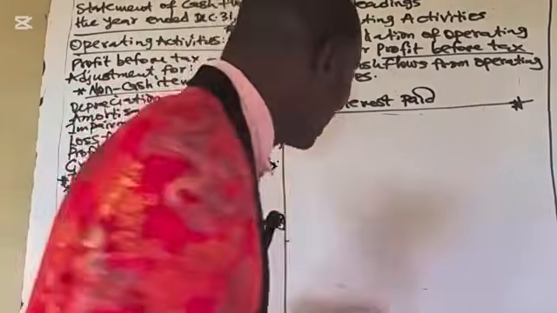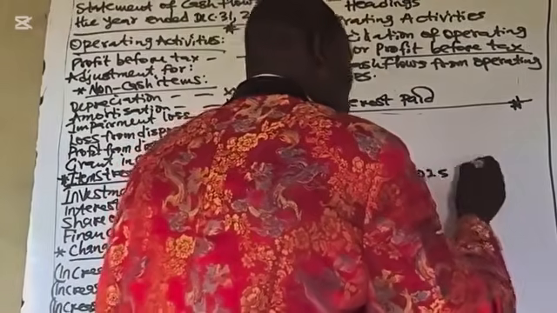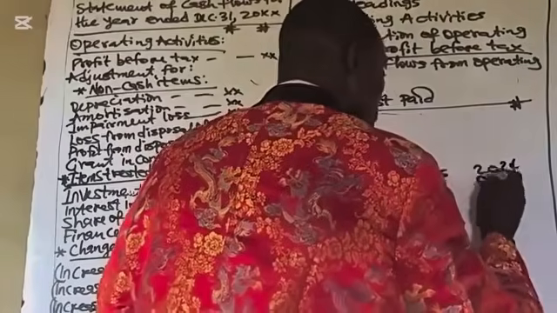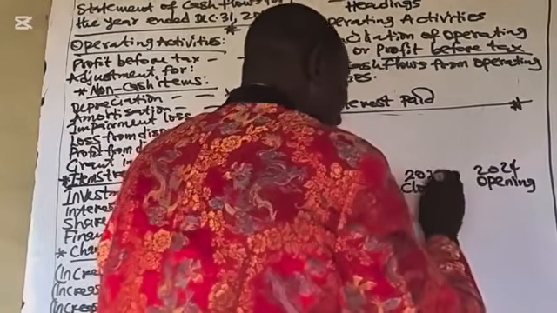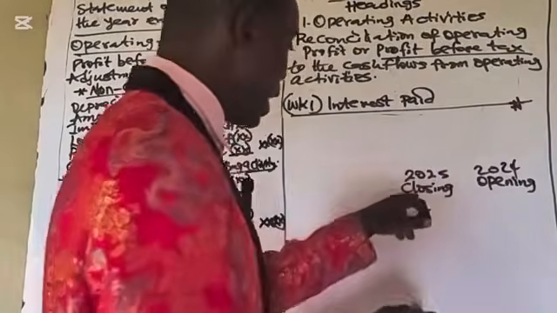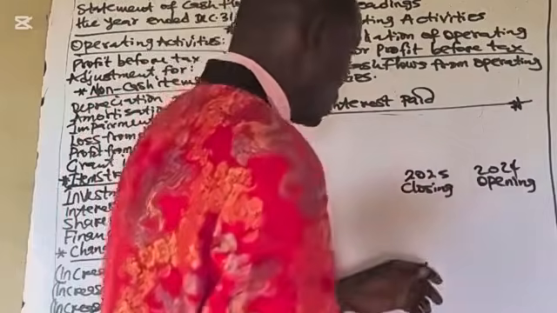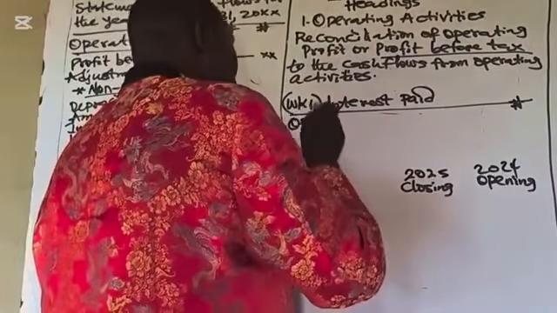Number 1 is the opening and the other one is closing. In case you have 2025 and 2024, the 2024 is the opening, while 2025 is the closing. Anytime you are in need of the closing balance, you check that of the current year. If you need the opening balance, you check the previous year. So you start with the opening balance.